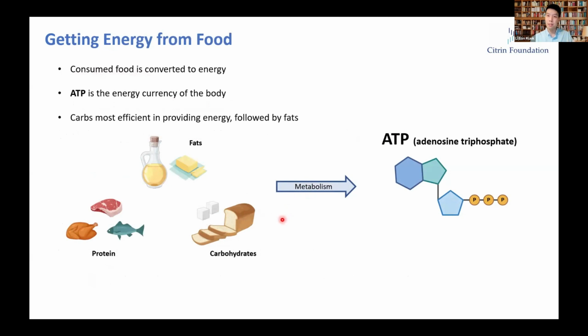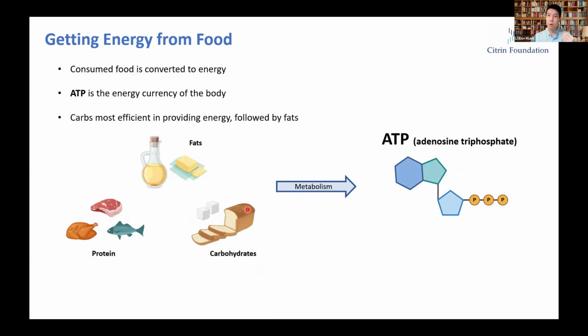And so we all know that we derive energy from food. Food that is ingested is digested, and through metabolism by your cells is broken down and eventually used to make ATP. And as I said, ATP is the energy currency of your cell. Essentially, without ATP, we cease to function. There are three main categories of food: carbohydrates, fats, and proteins. Out of these, primarily carbohydrates are the main way that your body derives energy.